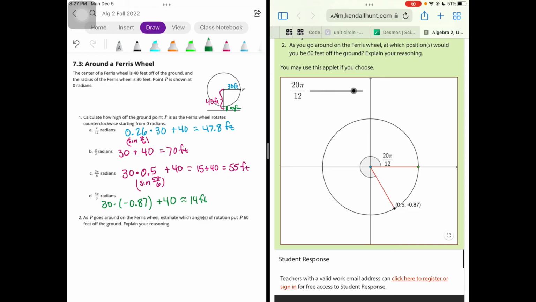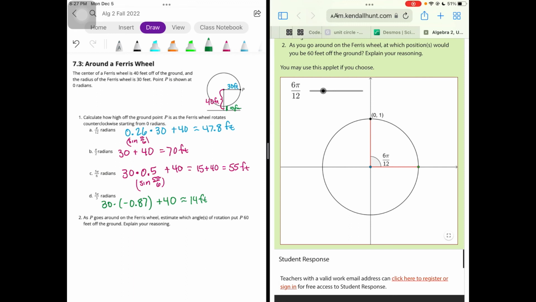All right, so as P goes around the Ferris wheel, estimate which angles of rotation put P 60 feet above the ground. So we know that this was 70 feet off the ground. So we are looking at 60 feet off the ground.